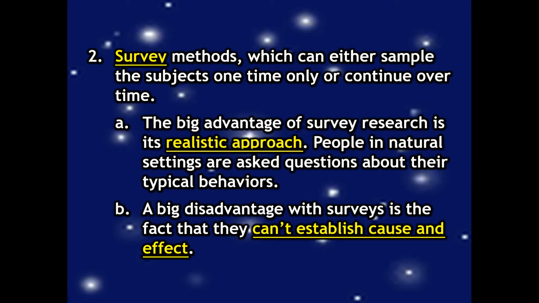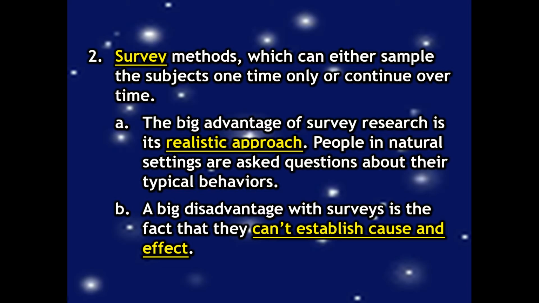Big disadvantage with surveys is the fact that they can't establish cause and effect. It's just responding to questions. So you can't actually see the natural order of what would happen if X situation was placed onto Y subject to get Z result.